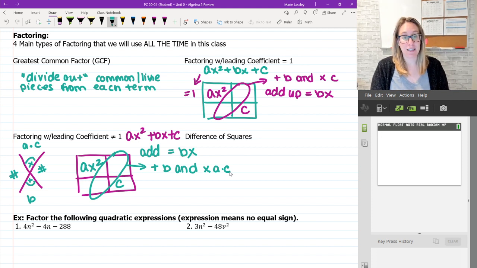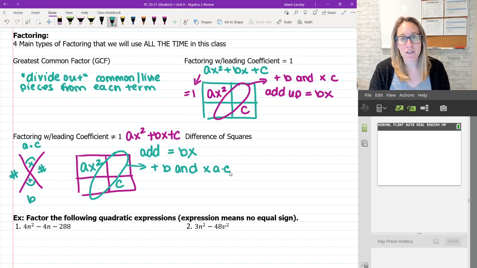All right, last but not least is difference of squares. Now, some people, if you really just like to stick to one method, you can technically use the X box method depending on the problem, but it is not the easiest way.